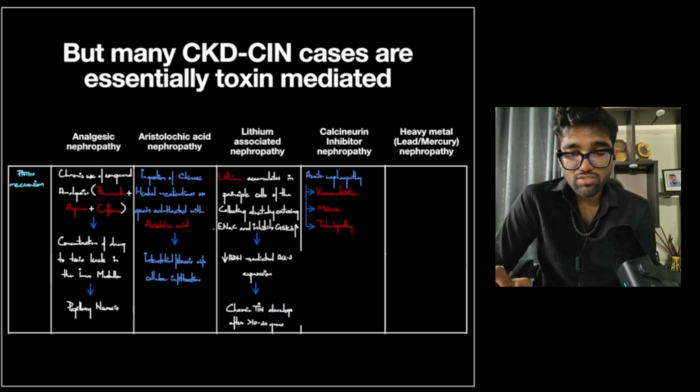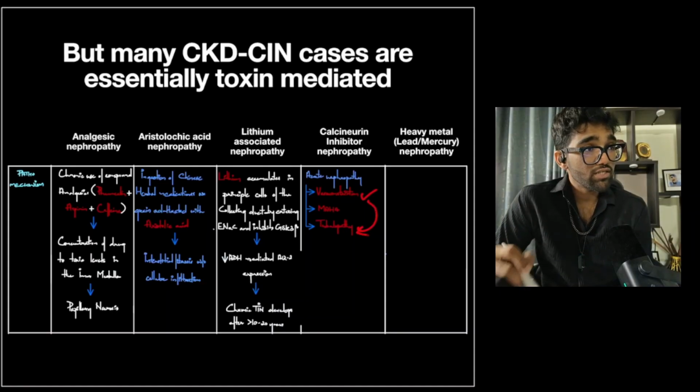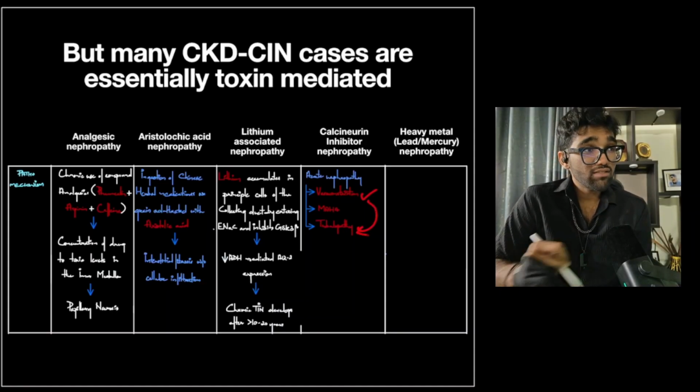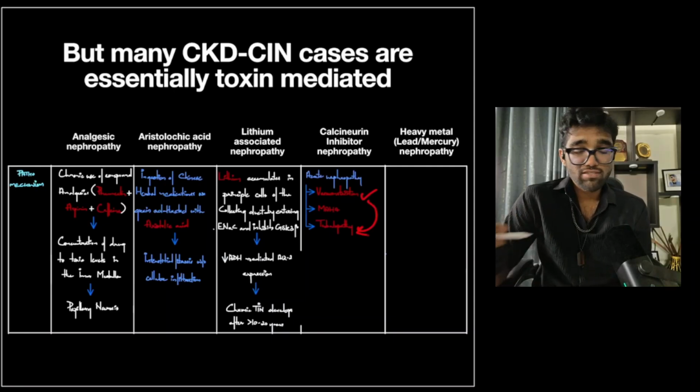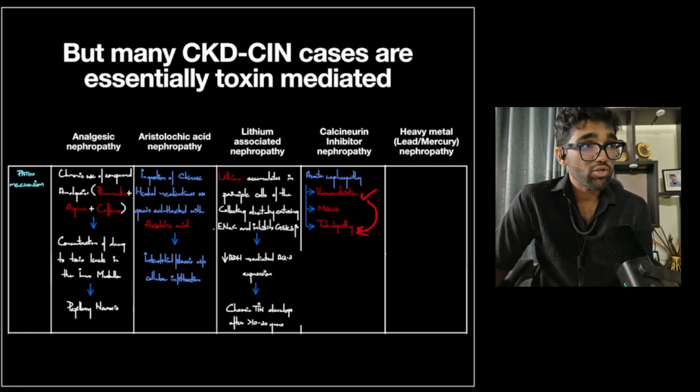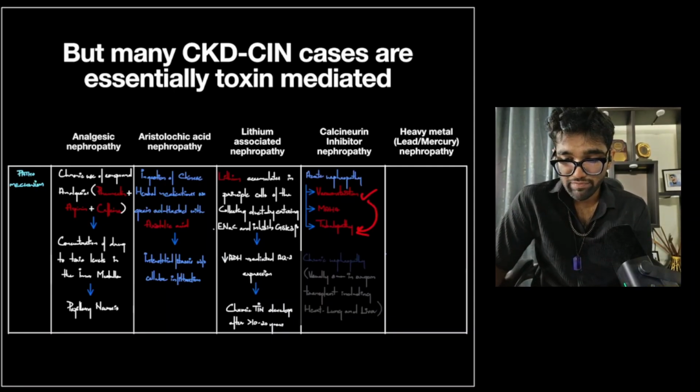So it can cause endothelial cell activation resulting in vasoconstriction, therefore distal ischemia. That vasoconstriction can cause a tubular dysfunction resulting in tubulopathy, and when it is more prominent, as we've discussed, calcineurin inhibitors also cause microangiopathic hemolytic anemia in the kidney.